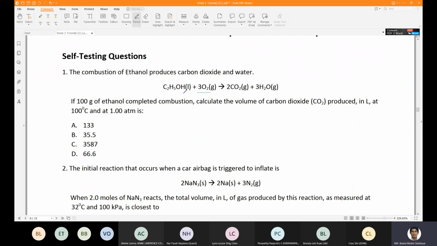So first of all, is this reaction balanced? And the question is asking, if 100 gram of ethanol is completely combusted, calculate the volume of carbon dioxide produced in liters at 100 degrees centigrade and at 1 atmospheric pressure.